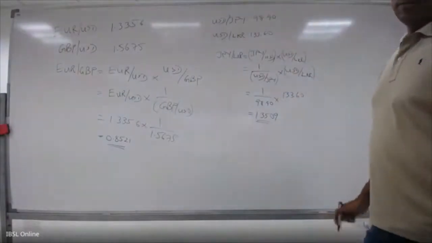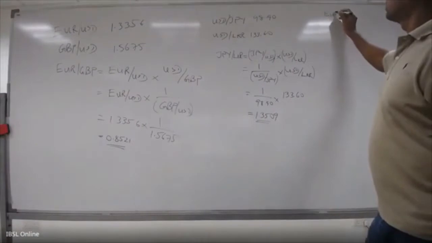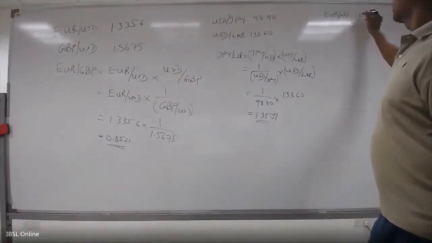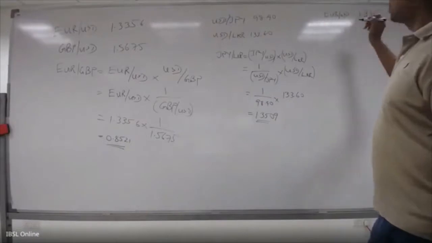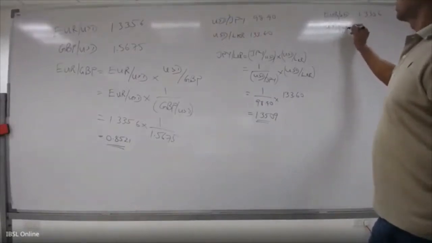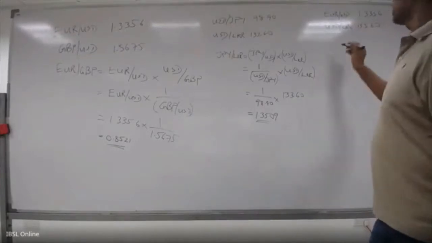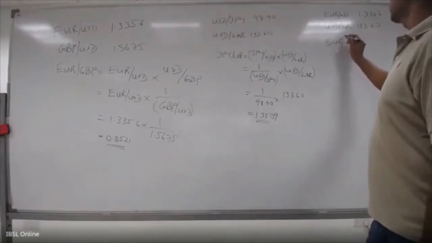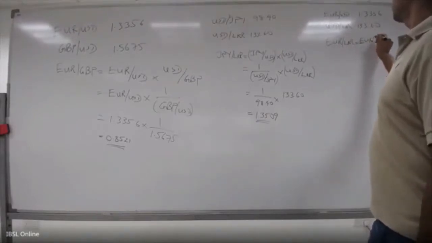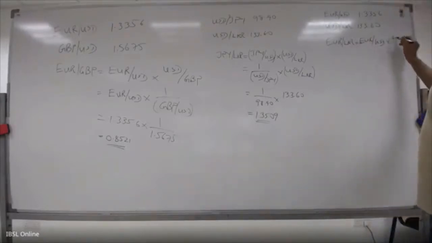Then we have finally euro dollar 1.3356 and dollar rupee 133.60. The question is, what is euro rupee? This is euro dollar, putting dollar in between, into dollar rupee.